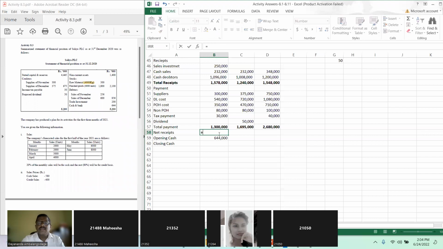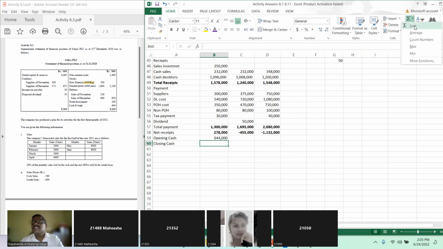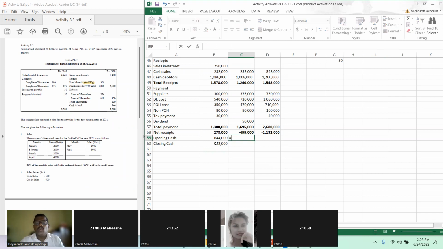So how do you get it? Total receipts minus total payment, and your closing balance would be just this one, then this would be your opening balance for the next month.